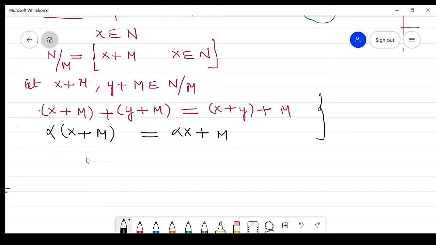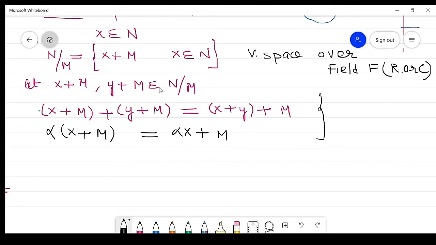Now with these two operations, this space N by M is a vector space over field F. F may be R or C, the set of real numbers or the set of complex numbers.